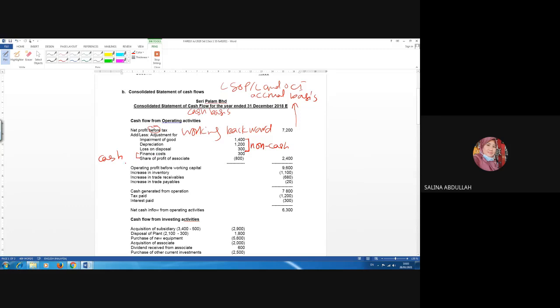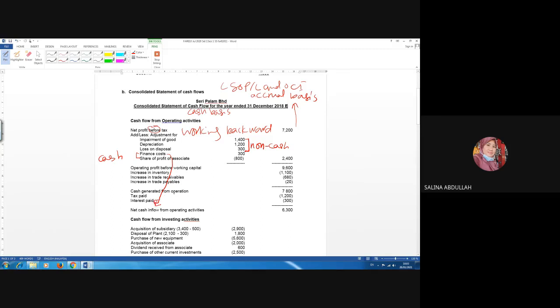But there are also cash items which you adjust because of other reason, like here we have finance cost. Why do we need to add back finance cost? Even though this finance cost is one of cash item, it actually relates with this one item down here that we call interest paid.